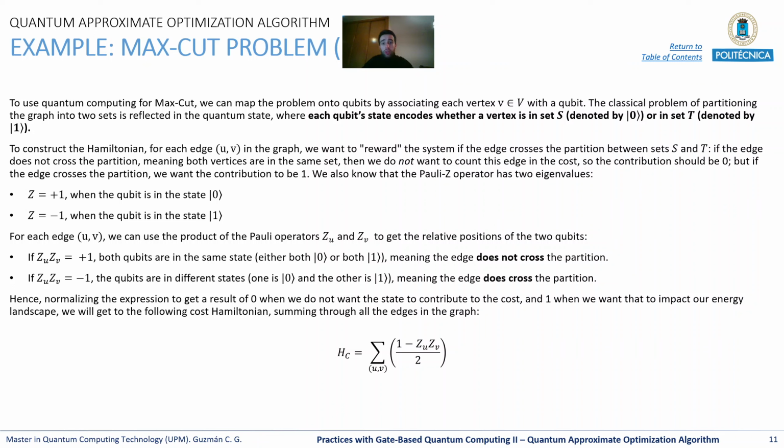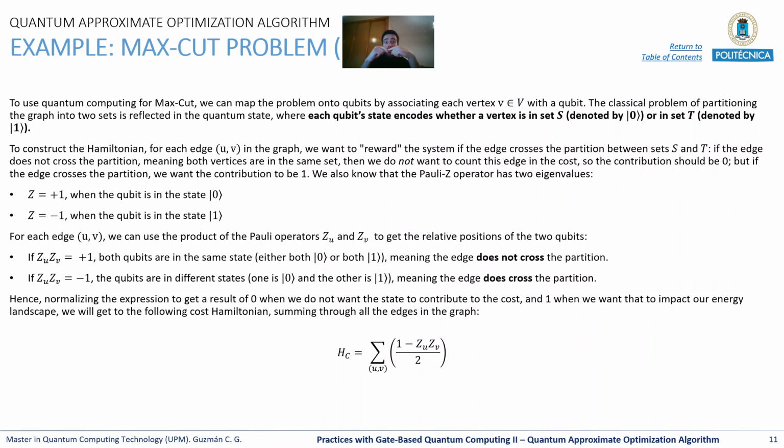So to construct the Hamiltonian, we will think about edges instead of vertices. Why? Because an edge connects two vertices, and that way we are comparing the values of one vertex to another vertex. We're not comparing the vertices that are not joined by one edge.